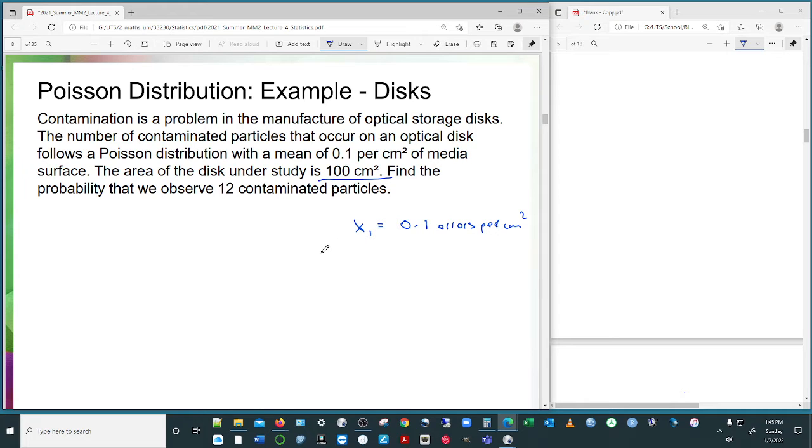Find the probability that we observe 12 contaminated particles. So the question is asking for the probability of our random variable being equal to 12.